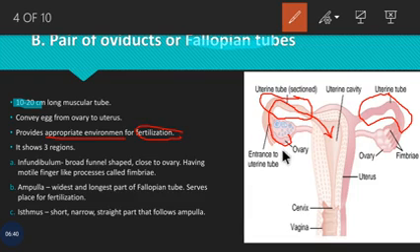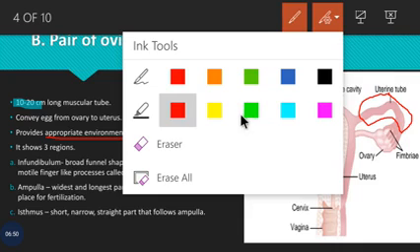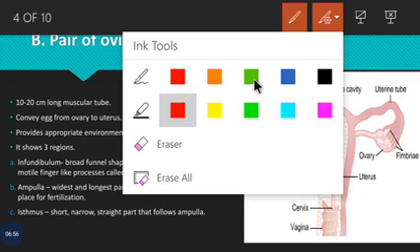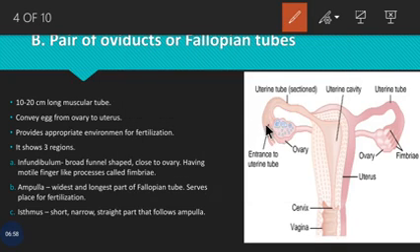The region of the fallopian tube just near the ovary is the infundibulum.